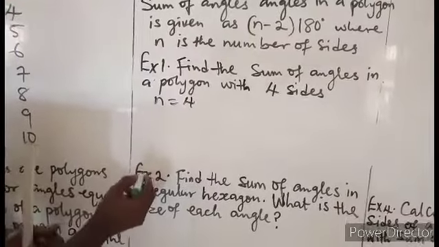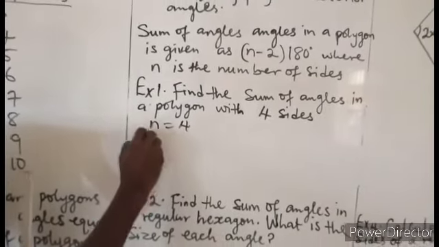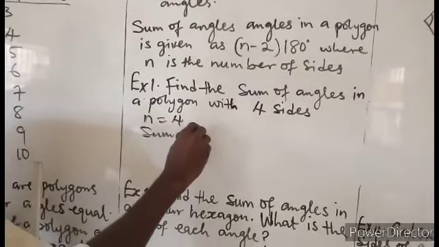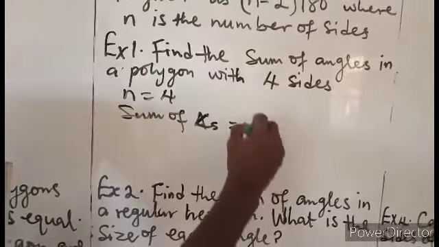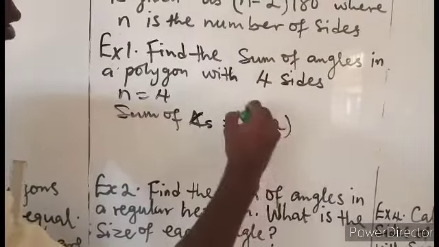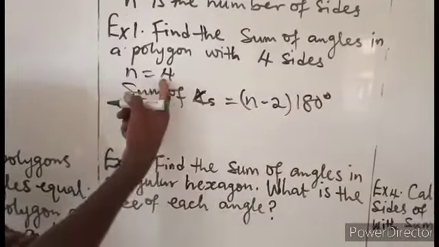And what is our formula for finding the sum of angles in a polygon? Sum of angles, let's put it this way, is equal to (n minus 2) times 180 degrees. And our n is what? 4, correct.